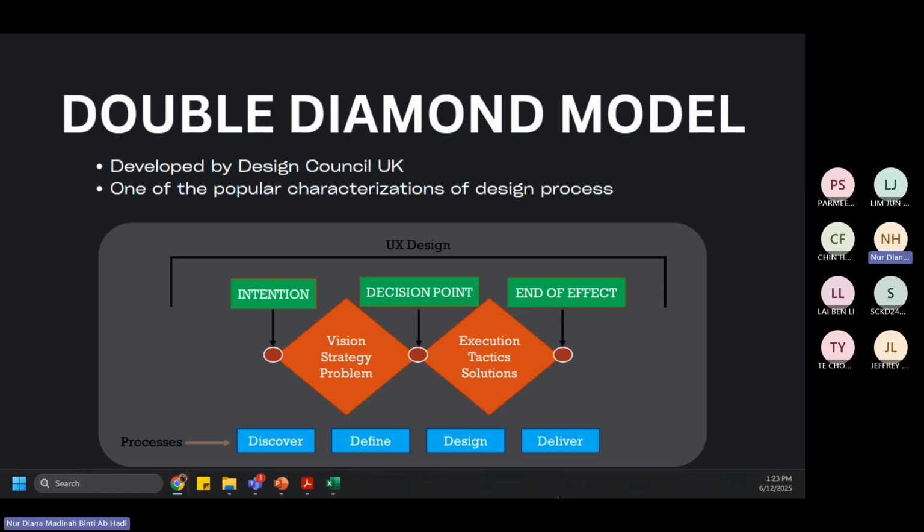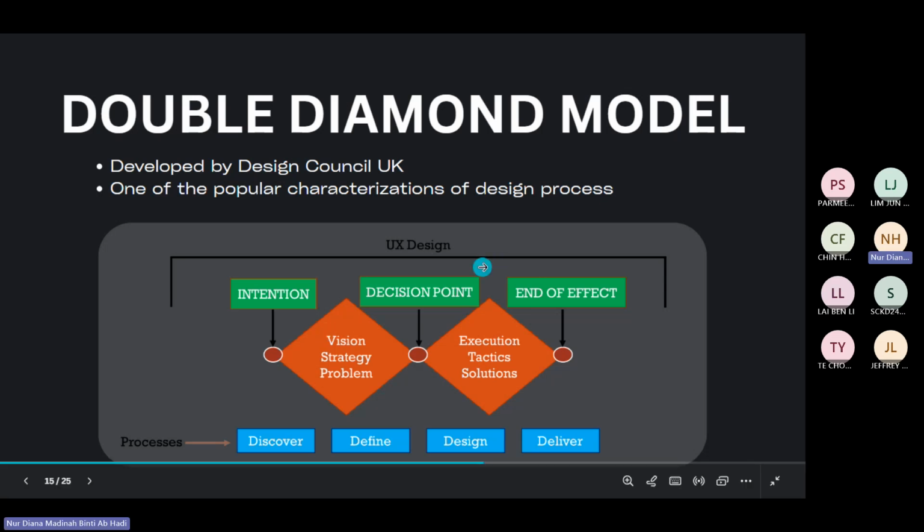These personas and scenarios I will not cover in detail because later on, if I'm not mistaken, you're going to take a subject named user experience design, UI/UX. So this one, maybe you will find in much more detail in that subject.